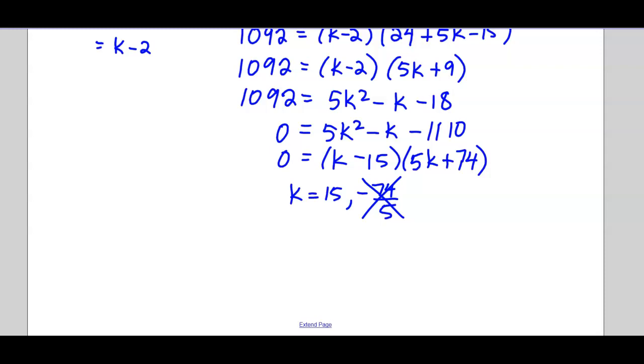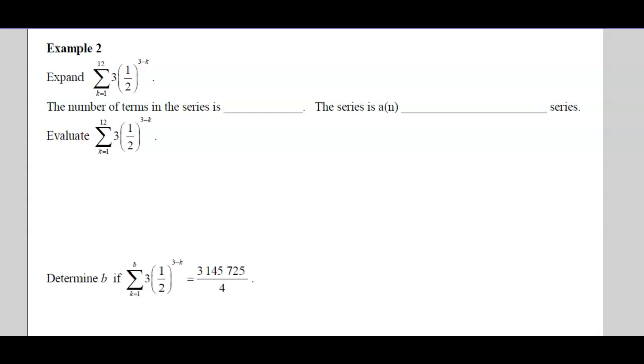Not possible. Okay, so number of terms in this, if it starts at k equals 1, then it's 12 minus 1 plus 1, which is 12. Every time you change k, it's changing the exponent on this 1/2. So it's going to be geometric.